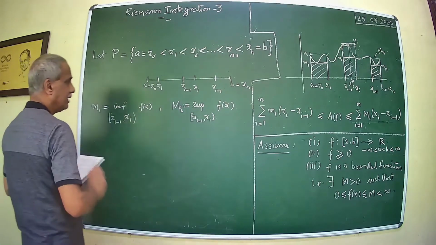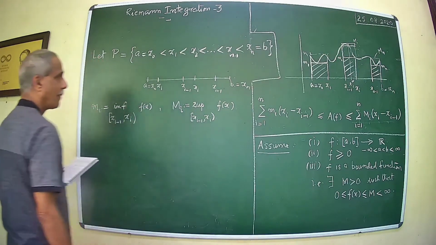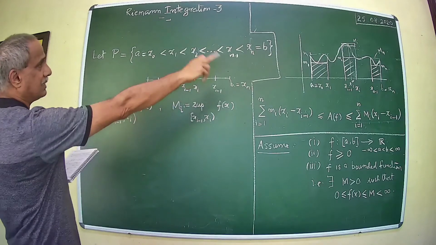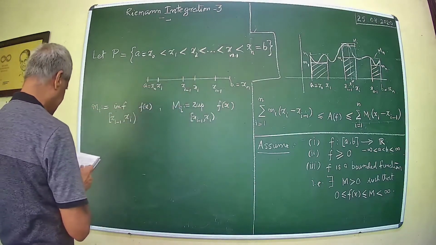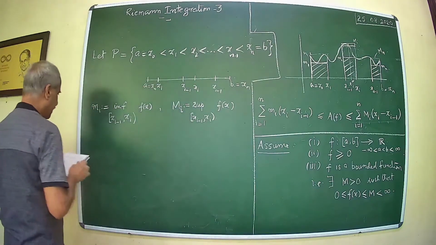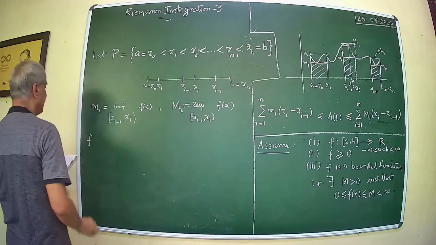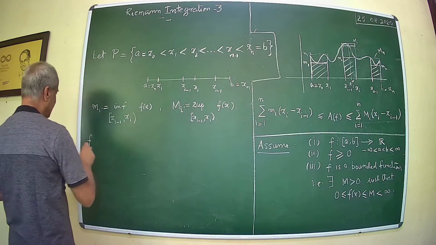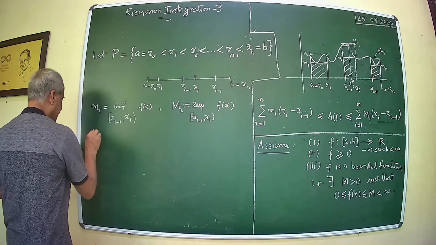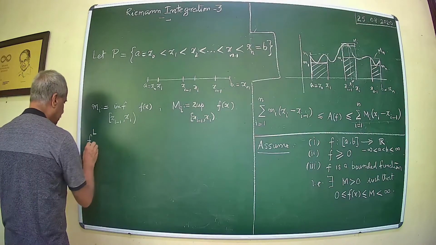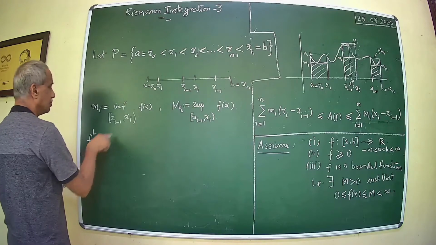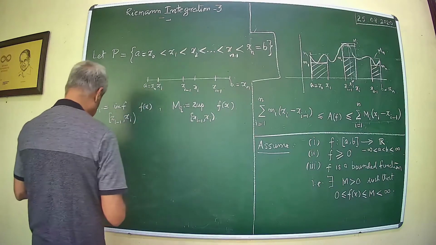Now we define two functions. That is the step function that I have defined here. Let me define it in this way. So I define a function associated with f, therefore I use f here. I denote this by f_P lower, subordinate to the particular partition you have.